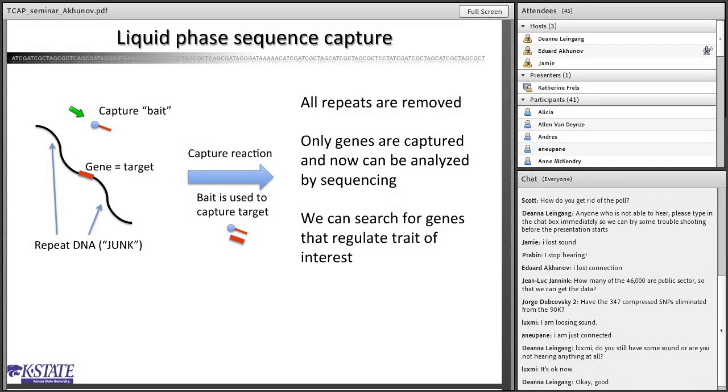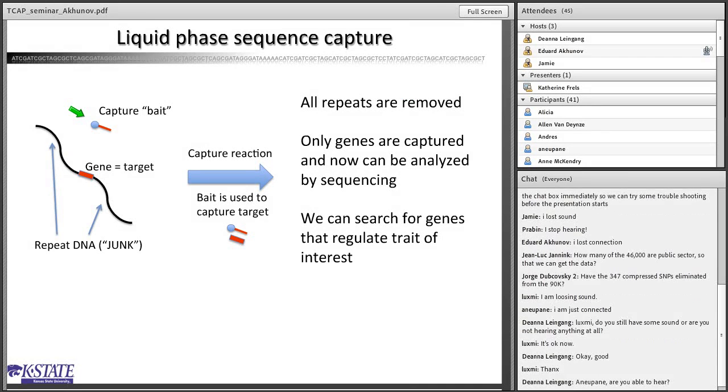You hybridize these capture baits and pull out your targets from your genomic sequence, and thereby you can enrich the sample for the targets of interest. Your target can be a gene or some kind of regulatory sequence.